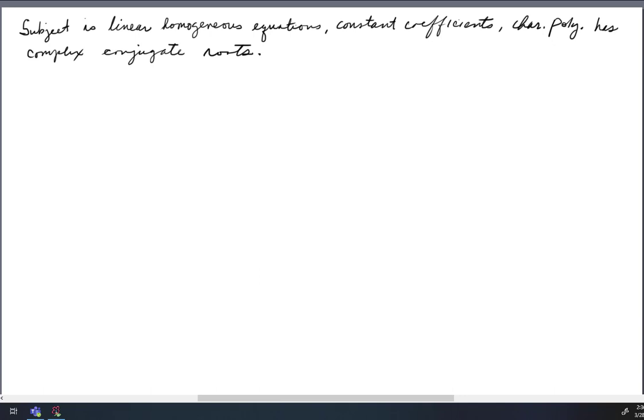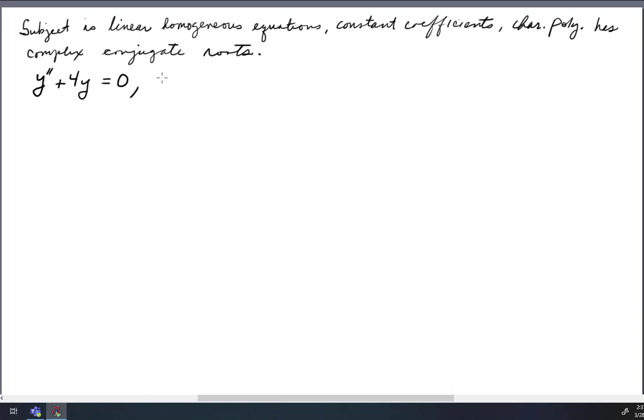So as an example, we might think about an equation that looks like y double prime plus 4y equal 0. So that's homogeneous. It is second order, but it is a linear differential equation.